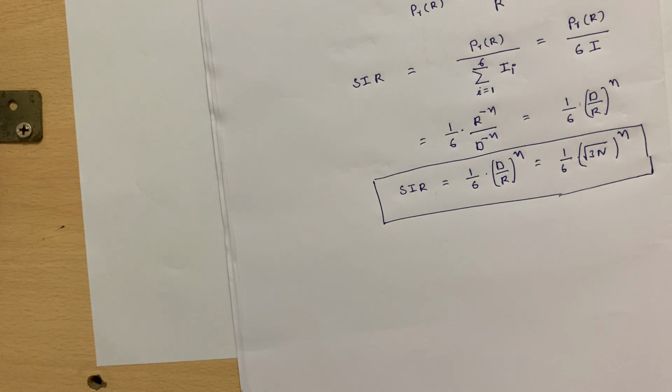So if you see the signal to interference ratio from this relation, it is not actually depending on the cell size, because we are forming uniform cell sizes, so it is only depending on the ratio between the reuse distance and cell radius. You can go for a smaller radius or a larger radius, but as long as you maintain the same ratio d by r, you are going to experience the same kind of SIR.